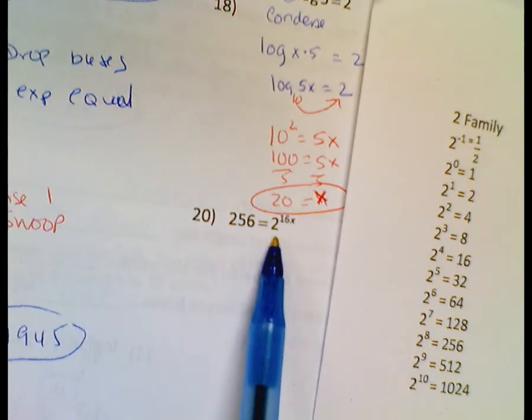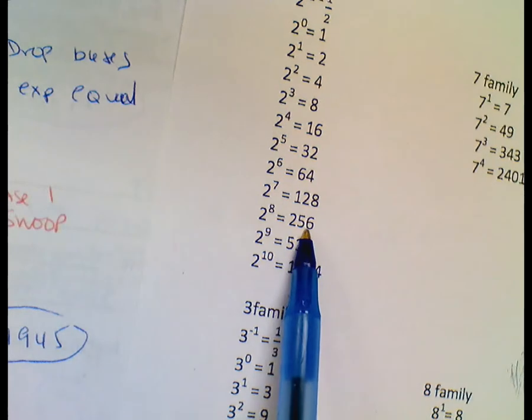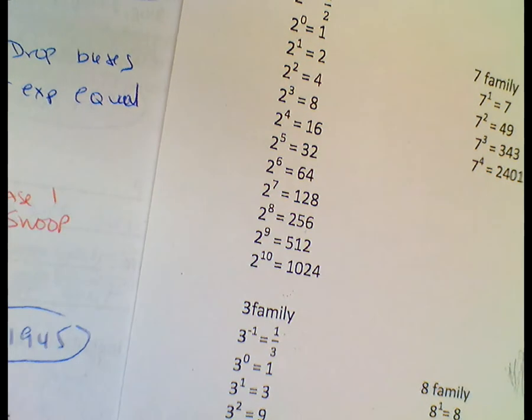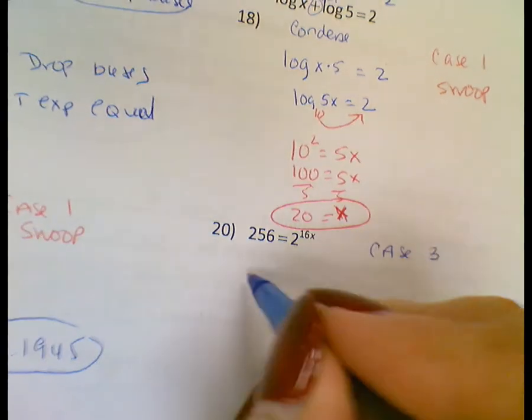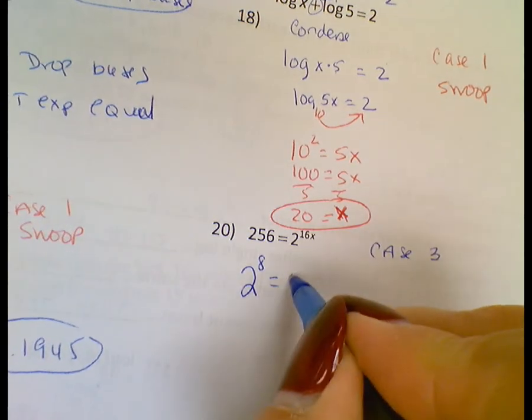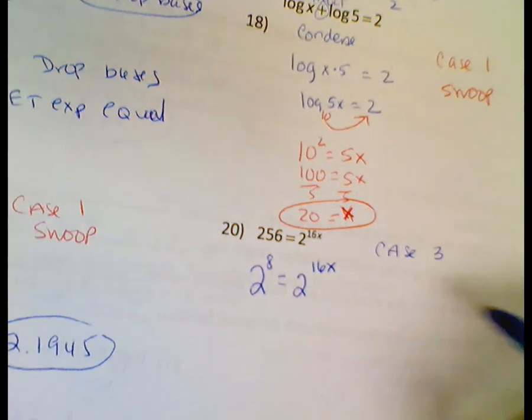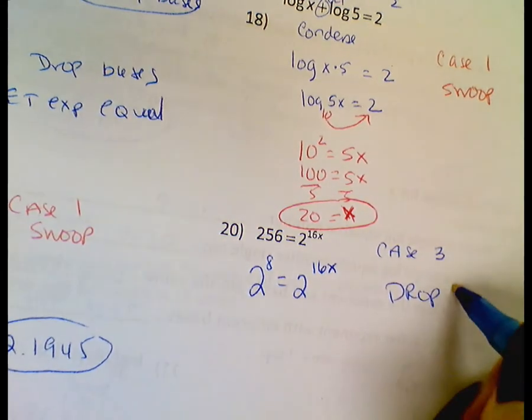I see a 2, and I believe that 256 is in the 2 family. There it is. 256 is 2 to the 8th. See that? There's the 2. They're in the same family. So 256 is 2 to the 8th. So what can we do? We can drop the bases.